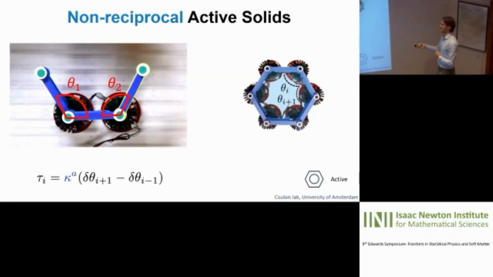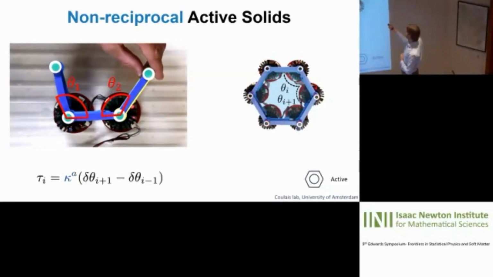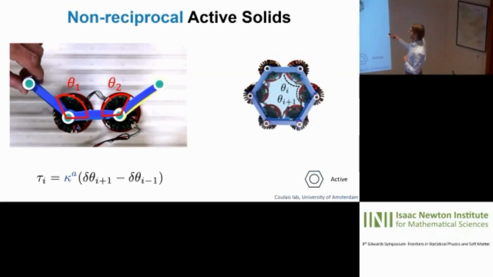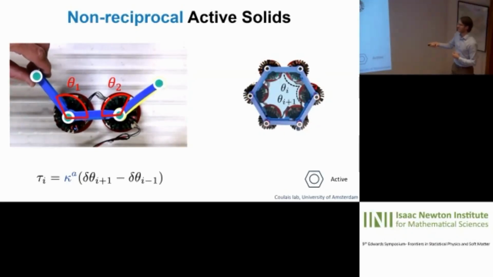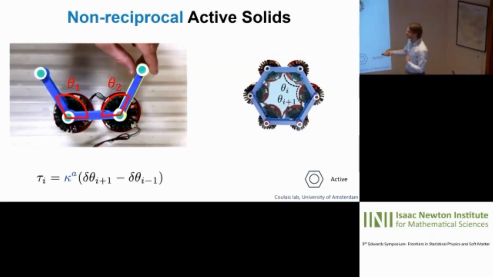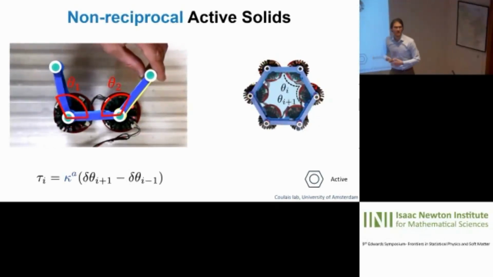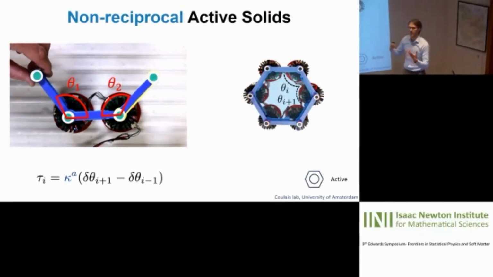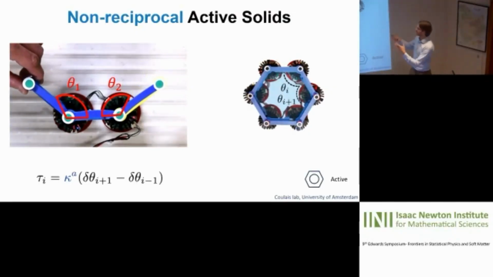You can sort of translate it into thinking that the active component of the torque on one of the particles is the difference between the changes of the two neighbors' angles. Right? And the fact that it's a difference rather than a sum is what makes it non-potential, and the prefactor here can be thought of as a kind of microscopic active spring constant, right? Our microscopic parameter that determines the mechanics of this.